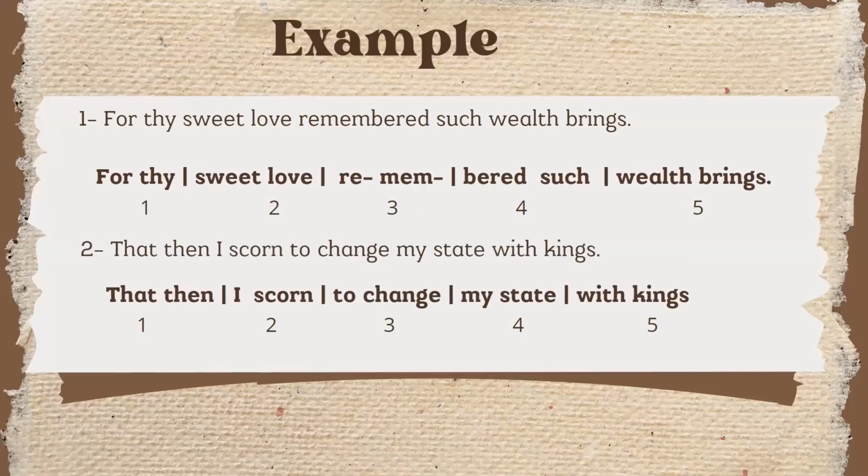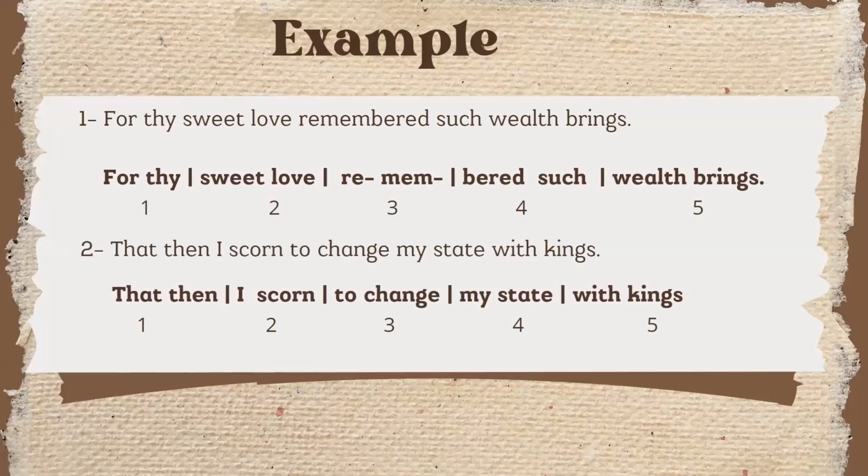For example, in the first sentence that we can find in sonnet number 29 of Shakespeare, which says, "For thy sweet love remembered such wealth brings." Okay, as I said before, a foot is composed of two syllables.